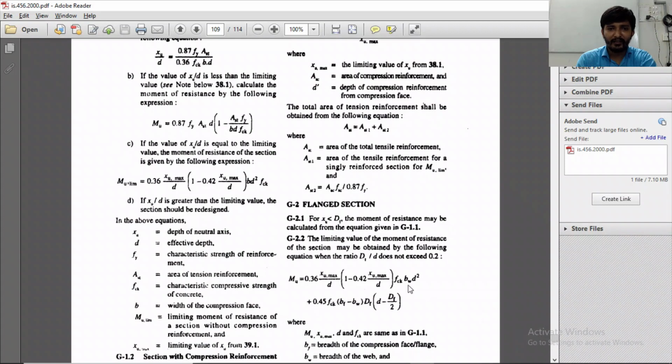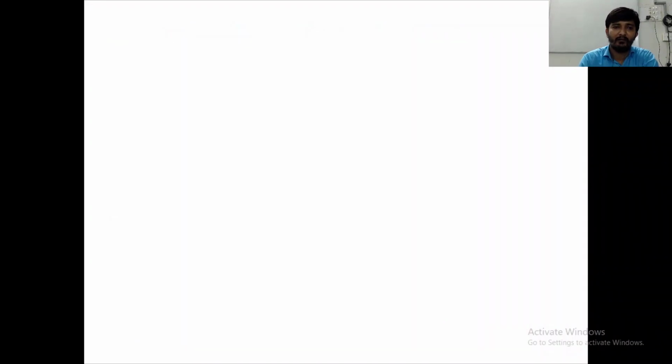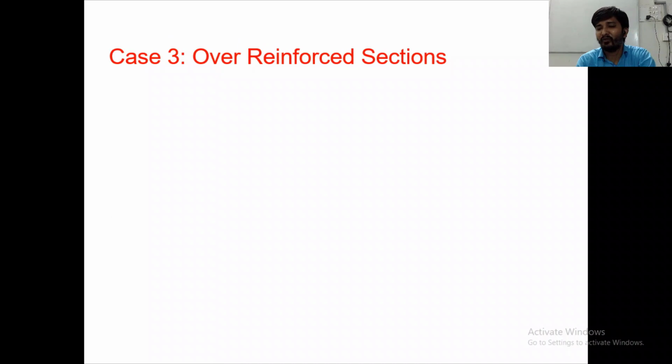Yes, here it is. If the value of XU by d is equal to the limiting value, the moment of resistance of the section is given by the following equation, which we have just seen in the PPT. This is the equation given in Annexure G 1.1. And case number 3 is for the over-reinforced section, where XU is greater than XU max.